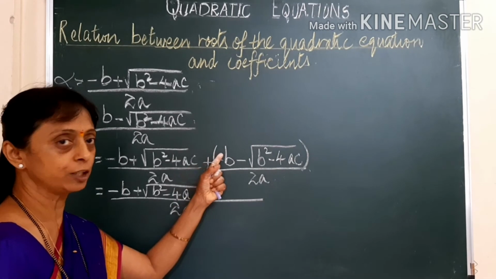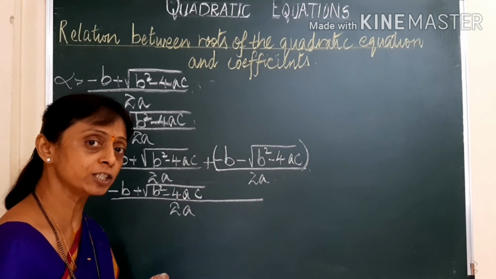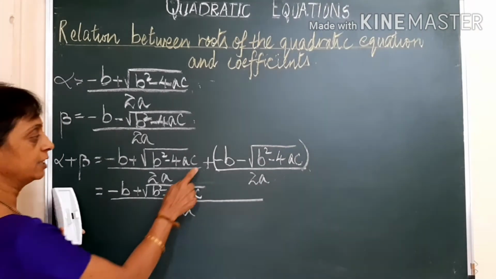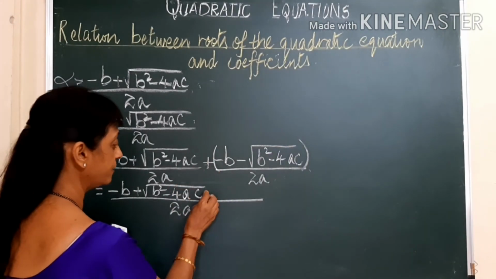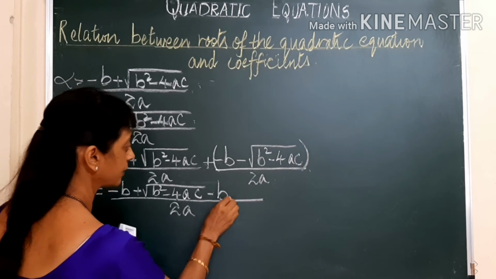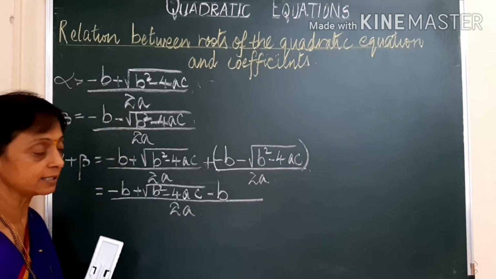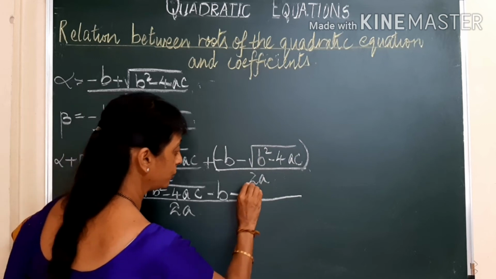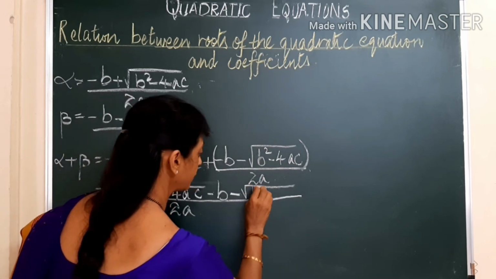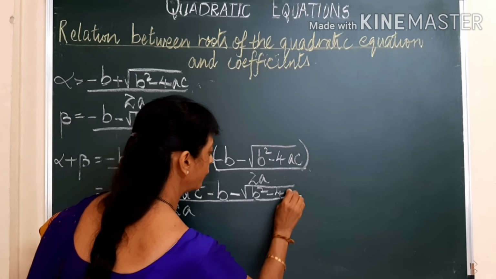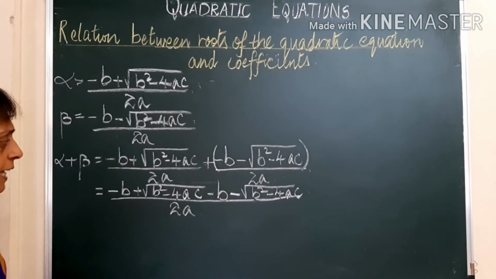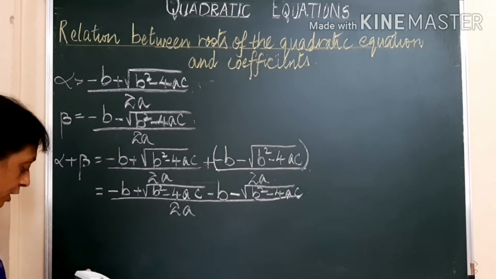When you open the bracket, you know, bracket means which operation we perform? We perform the operation of taking the product. So plus into minus gives you minus b. Again plus into minus gives you minus the term root of b square minus 4ac. Right? Now, let's see what all can be cancelled children. Can you see over here?